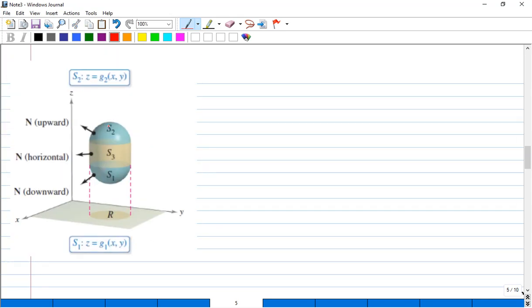so the entire region is made up of the union, it'd be S1 union S2 union S3. Of course, each one of these surfaces has to be defined as some function. You can see the way they have these two here.